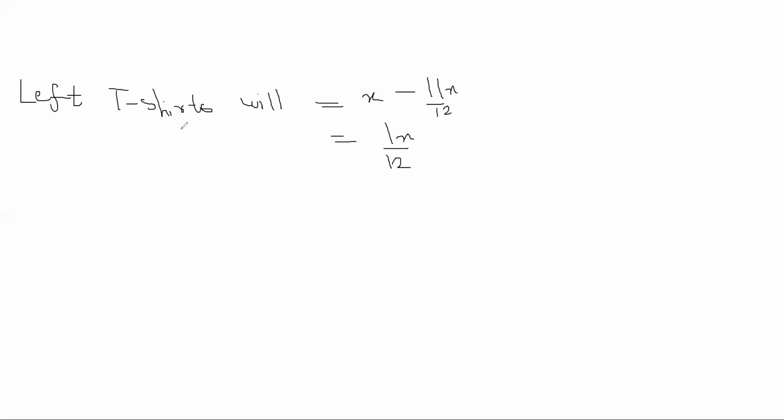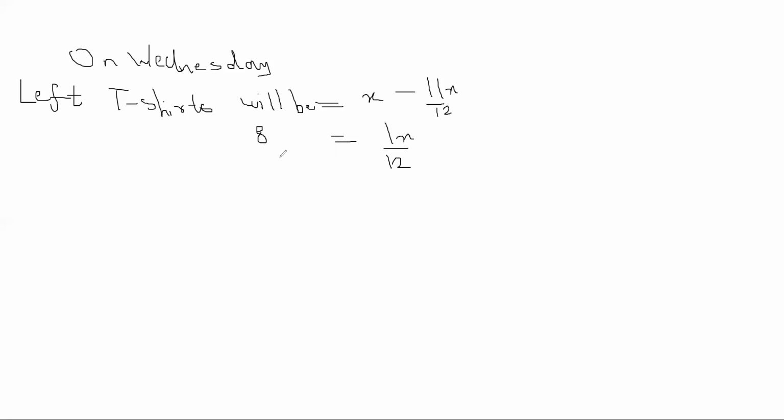We will use the unitary method and equate it. 1x upon 12 will be equal to 8 t-shirts, correct? Because 8 t-shirts are left to sell on Wednesday. On Wednesday, the left t-shirts will be x minus 11x upon 12, which gives me x upon 12.